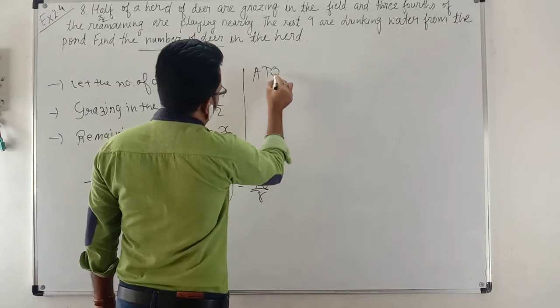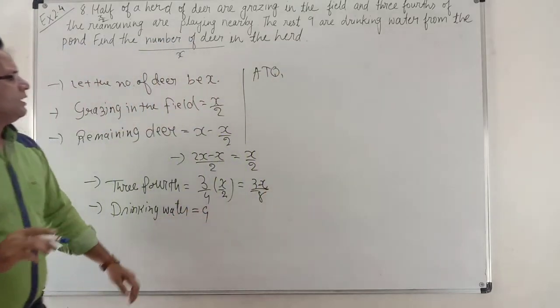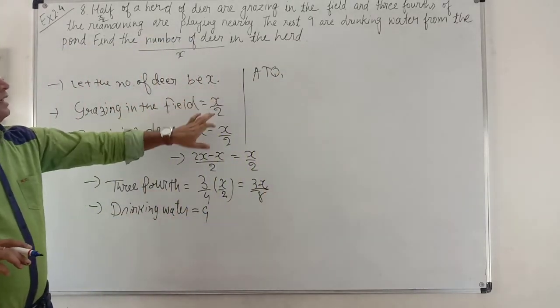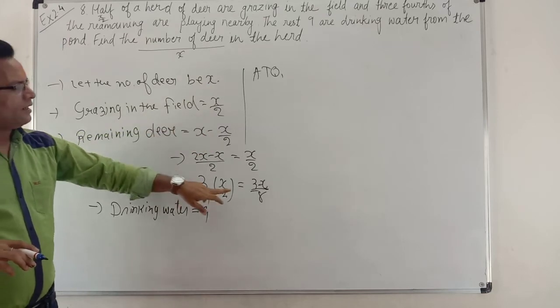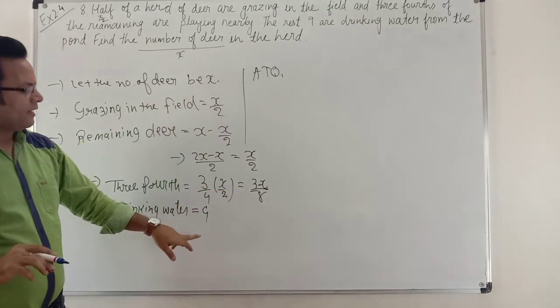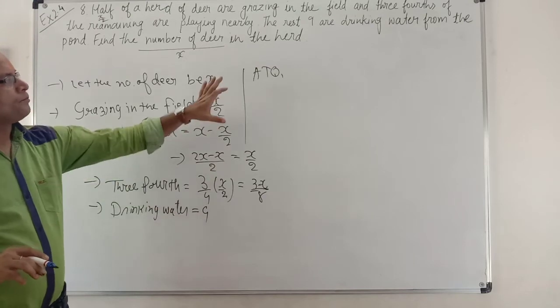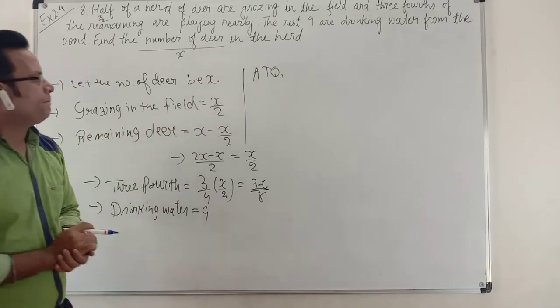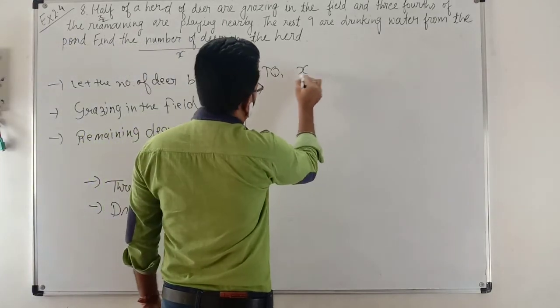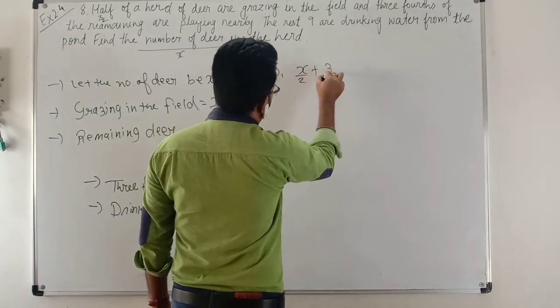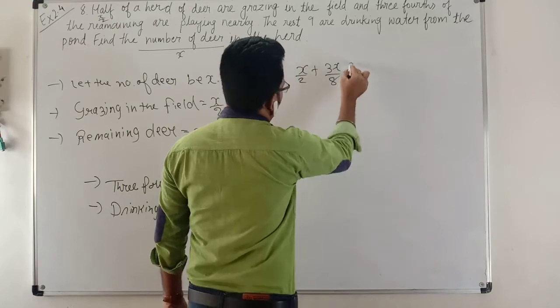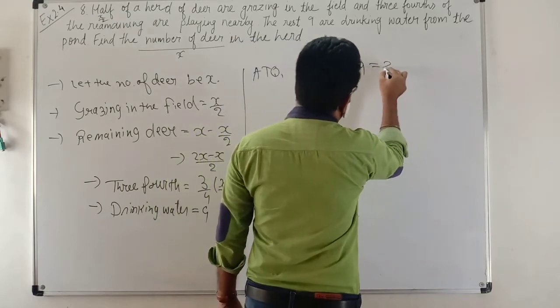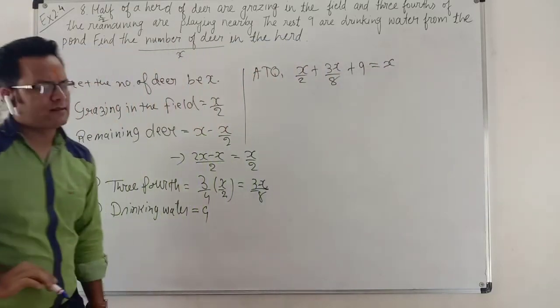According to the question, you have x by 2, 3x upon 8, 9 and your x. From this you have to frame. So x by 2 plus 3x upon 8 plus 9 is equal to total number of deers.